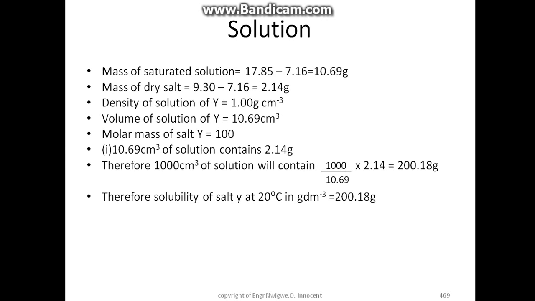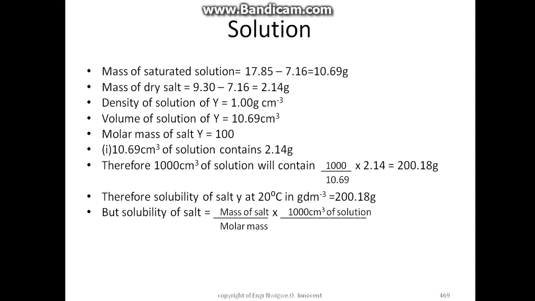Therefore, solubility of salt Y at 20 degrees centigrade in gram per dm cube is equal to 200.18 gram. But solubility of salt is equal to mass of salt over molar mass times 1000 cm cube of solution over volume of solution.